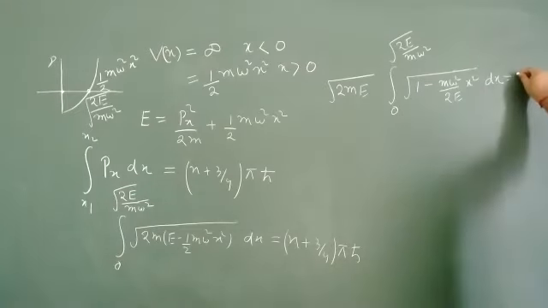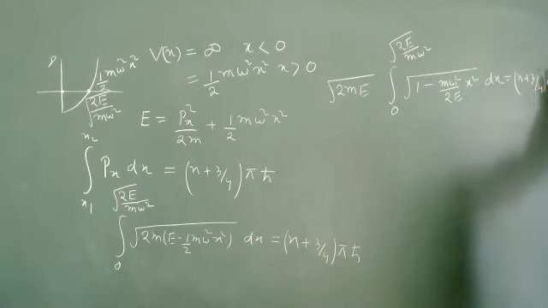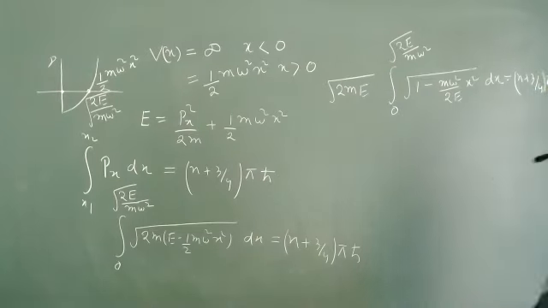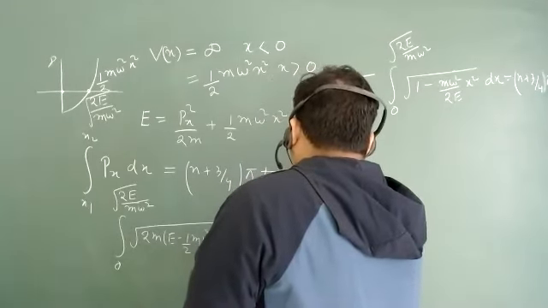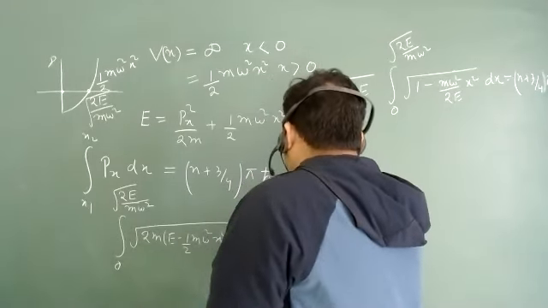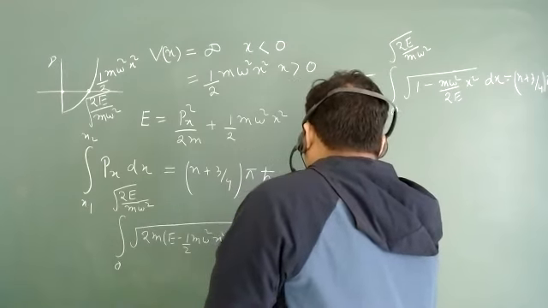This value is equal to (n plus 3 by 4) pi h cut, where n is equal to 0, 1, 2, 3 and so on.